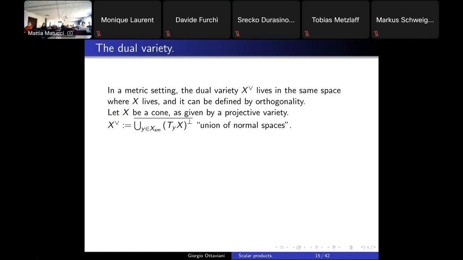So if I want the dual of this cone, then for each point of the cone, you take the normal, and you make the union of that. And this gives a different cone. Sorry, I'm stupid. I'm completely stupid.